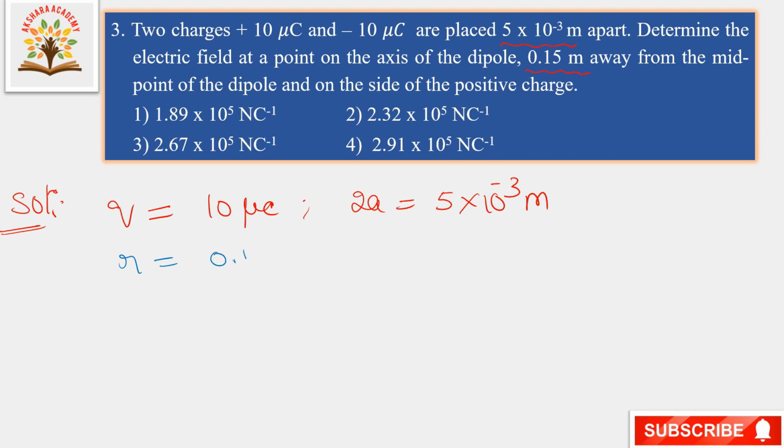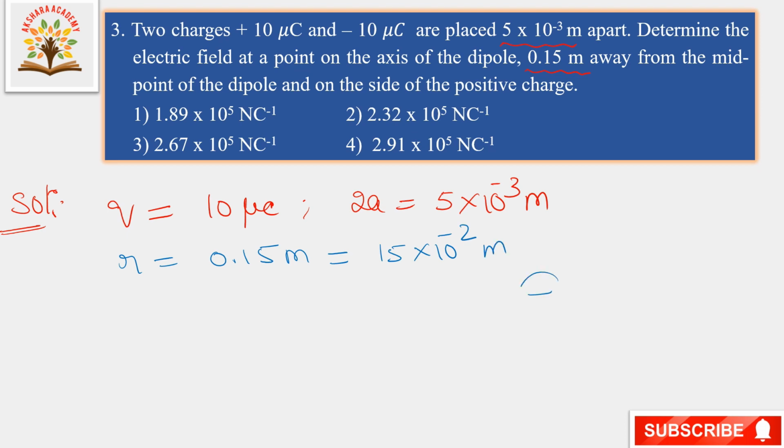So they have given 0.15 meters. This can be written as 15 into 10 to the power of minus 2 meters.